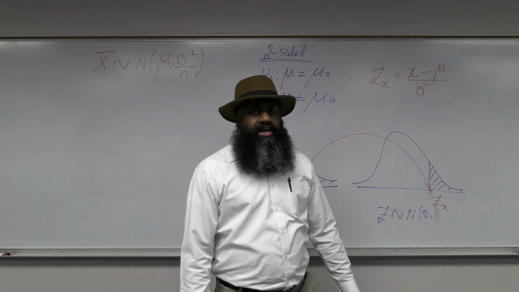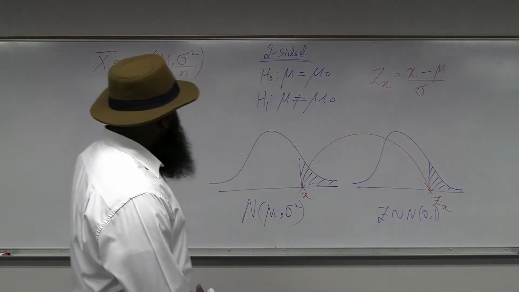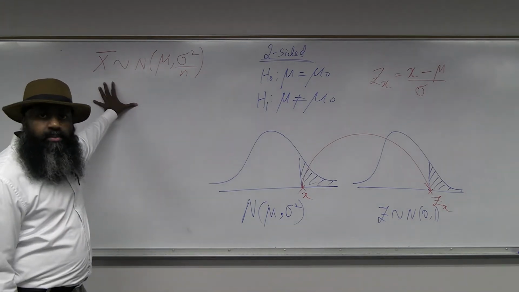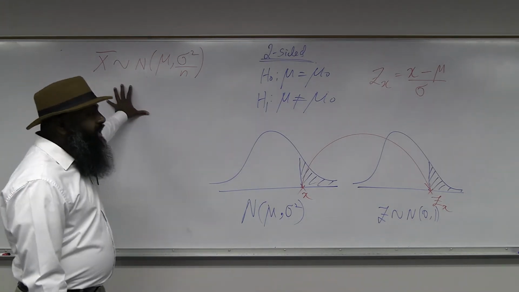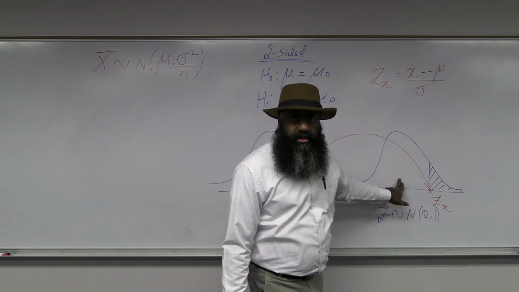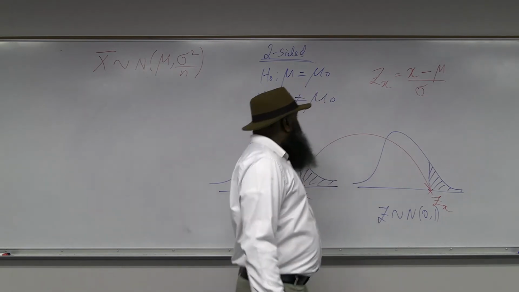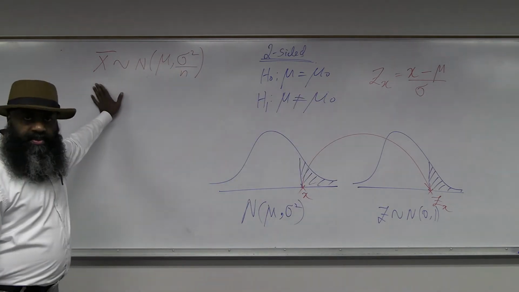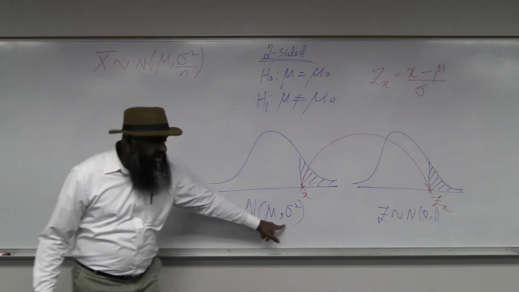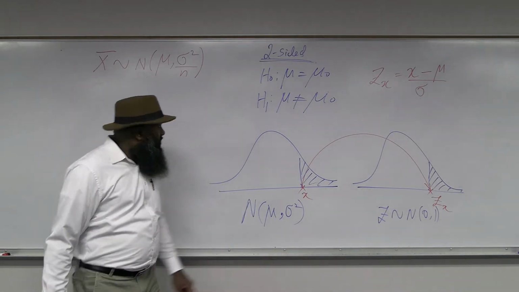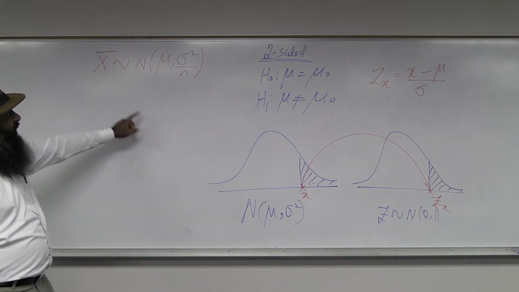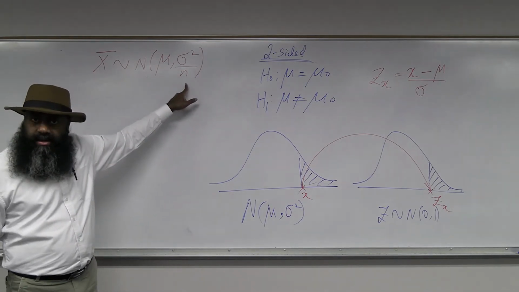We are going to use this connection for x bar. We are going to map x bar into the standard normal distribution. But in the distribution of x bar, the variance is not just sigma squared. In the distribution of x bar, the variance is sigma squared over n.